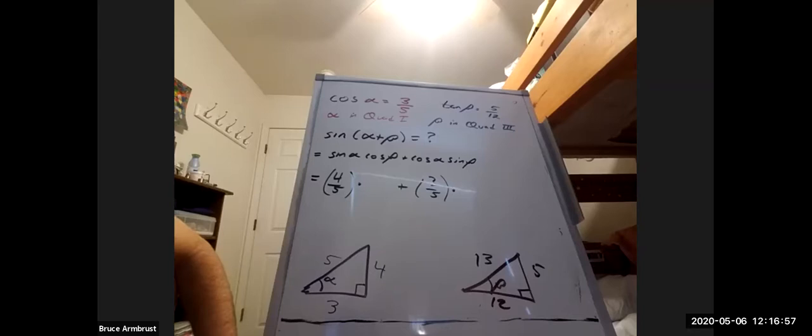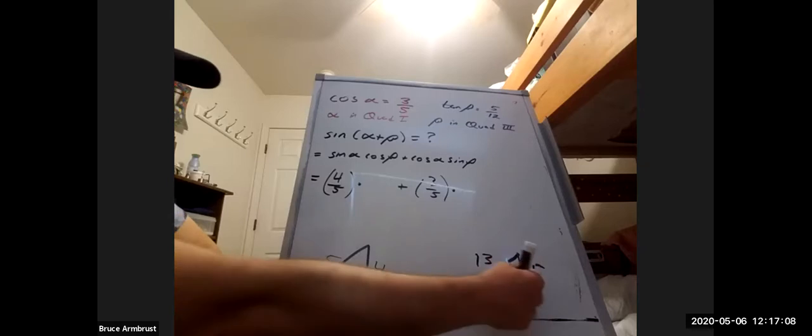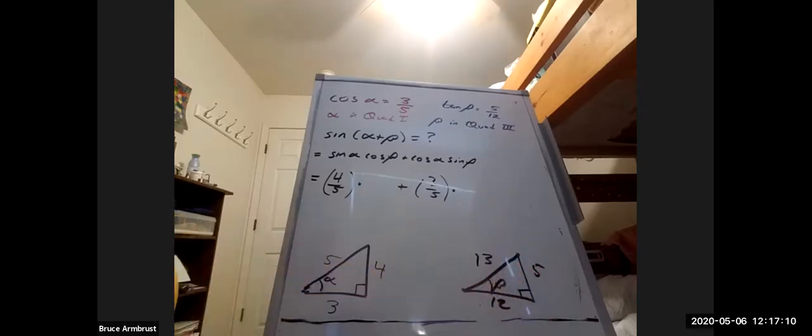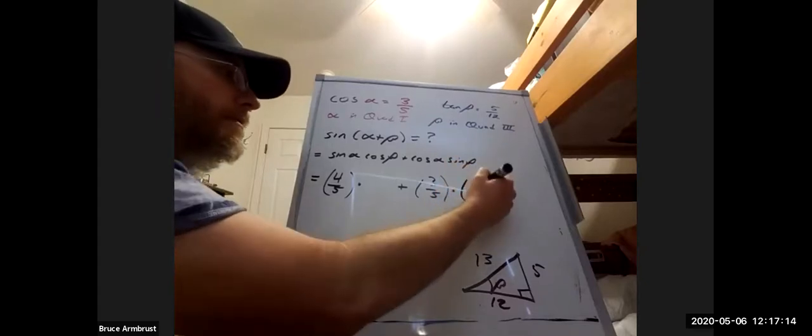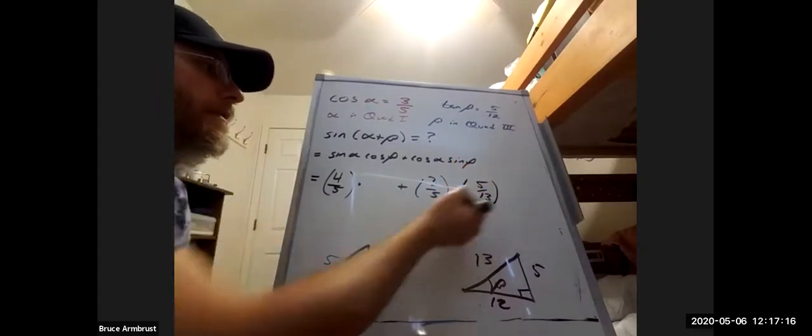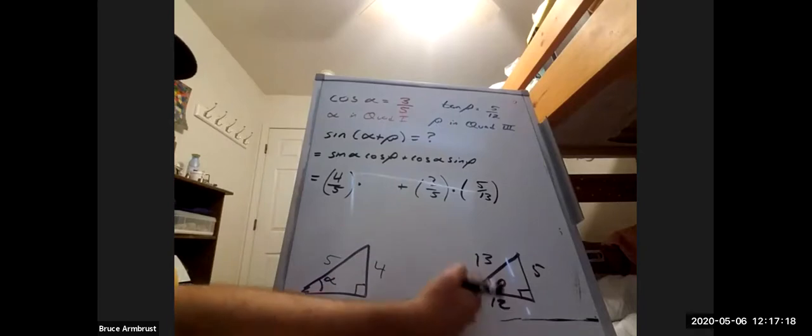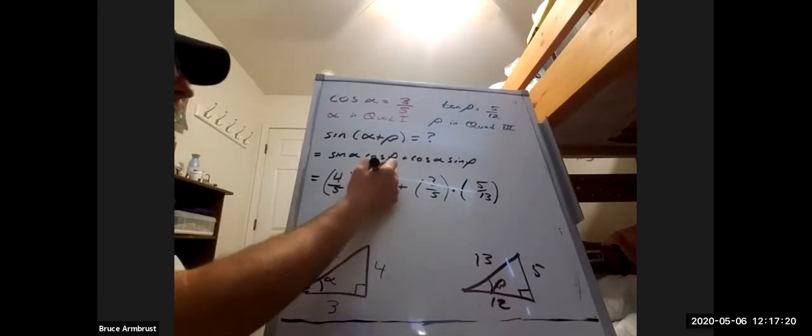Now we need the sine and cosine of that angle. Sine is opposite over hypotenuse, which is 5/13, and the cosine is adjacent over hypotenuse, which is 12/13.